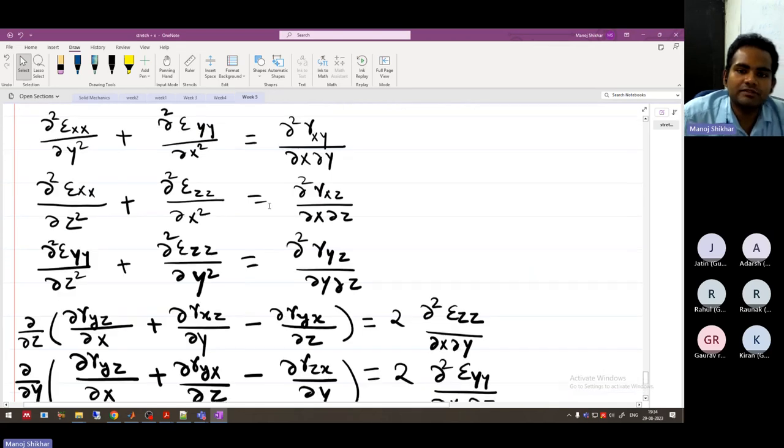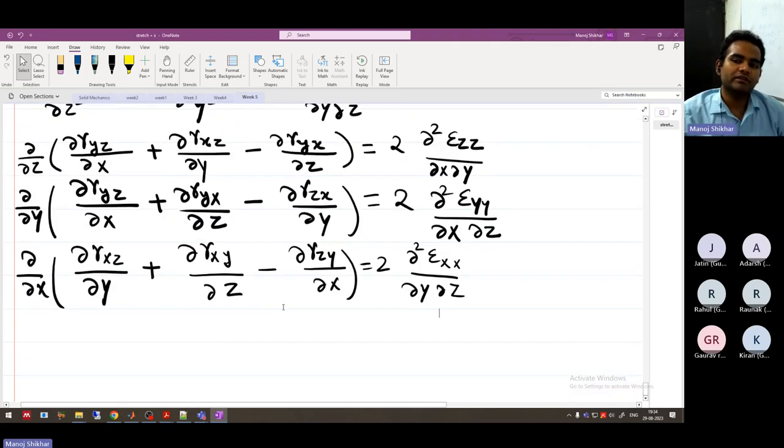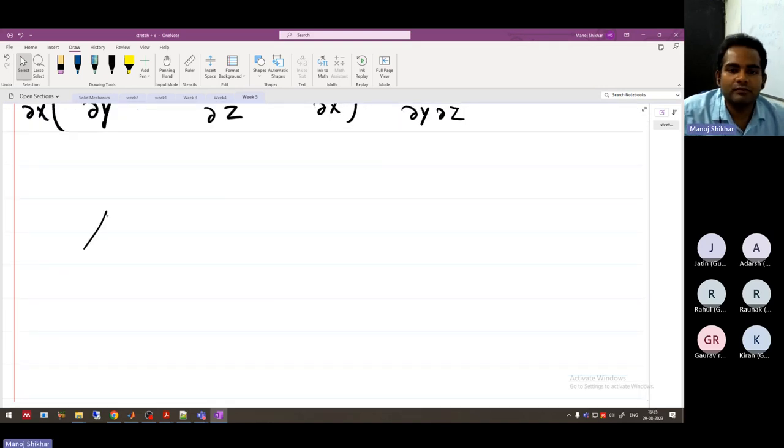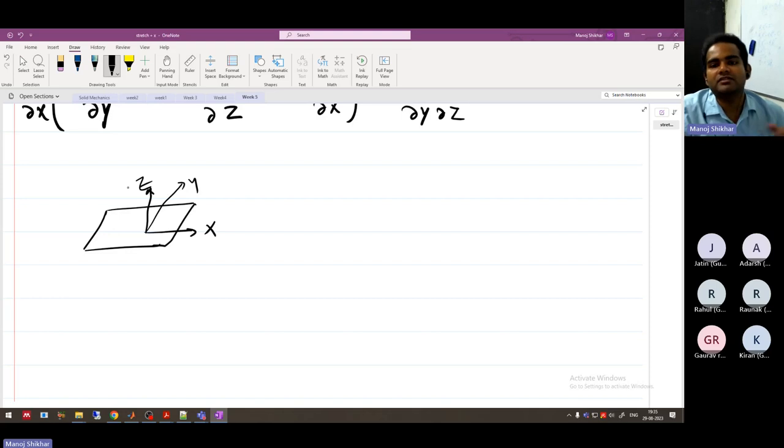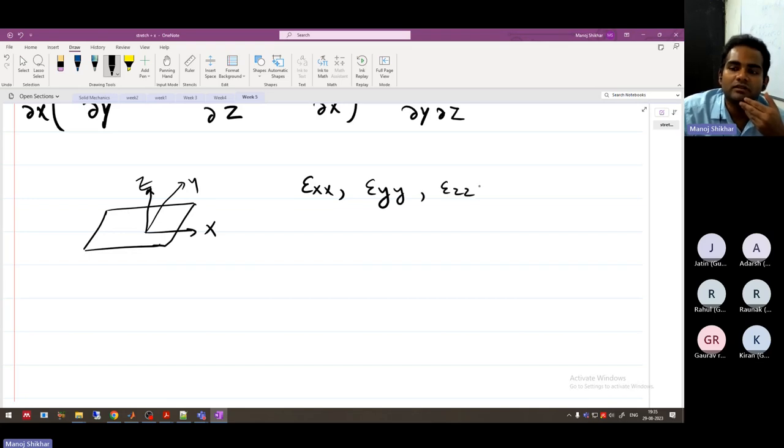Now, one special case of this compatibility equation is if you are given a plane strain condition. Plane strain condition is what? Suppose we have a plane and we are taking in-plane axes as x and y, and the out-of-plane axis is z. So epsilon xx, epsilon yy, and gamma xy will not be 0.